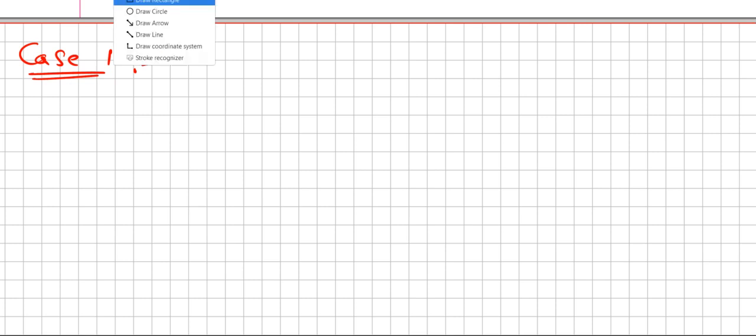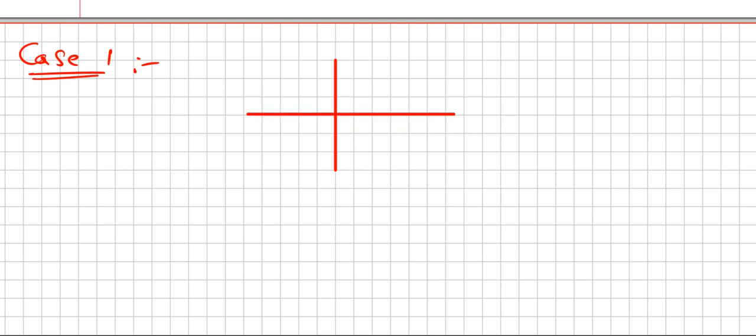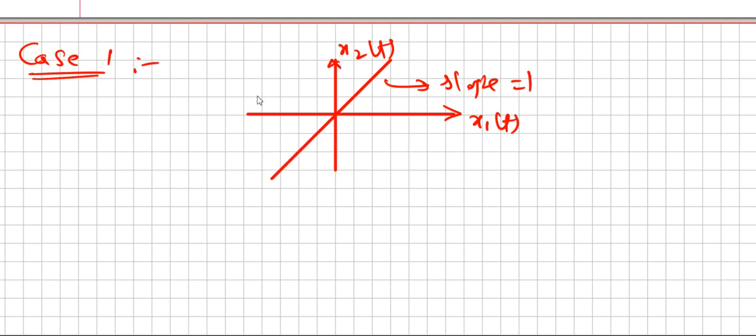Now we have a few cases. So case number 1, if I get a correlogram like a straight line passing through origin having slope 1, then in that case x1(t) equal to x2(t).